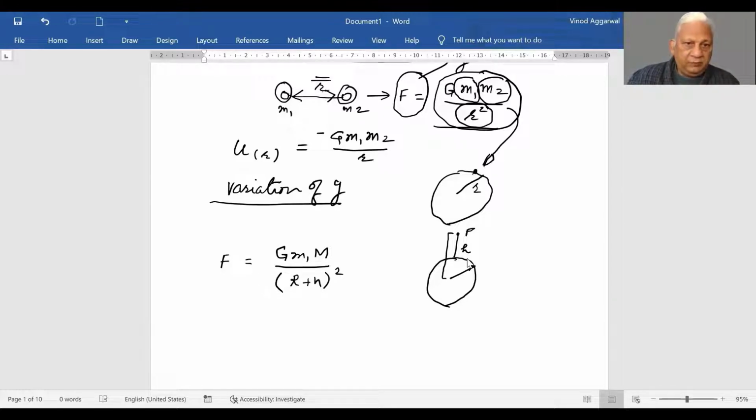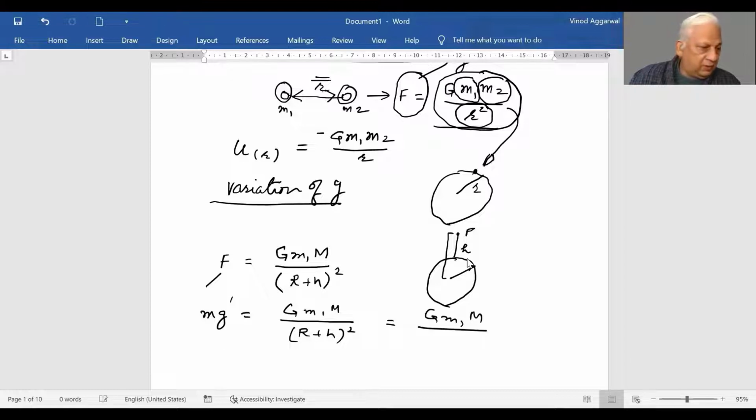So if we say that this is our new gravitational force, is equal to, if we do some mathematical manipulation, and if we take R square outside, this becomes 1 plus h by R, whole square.